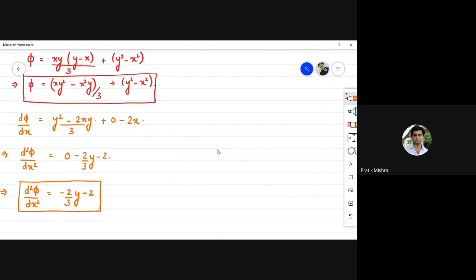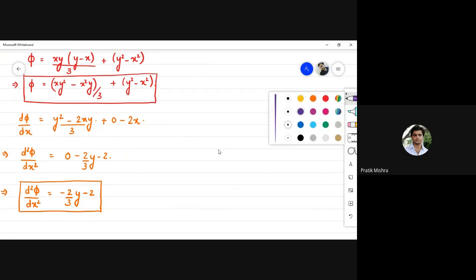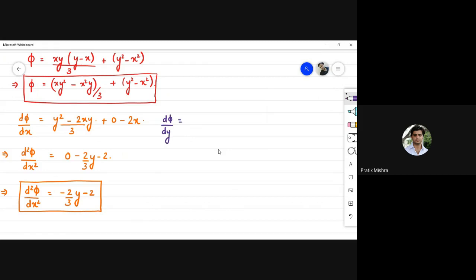Similarly, calculate the value of d phi by dy. So d phi by dy is equal to (2xy minus x square) divided by 3 plus 2y.